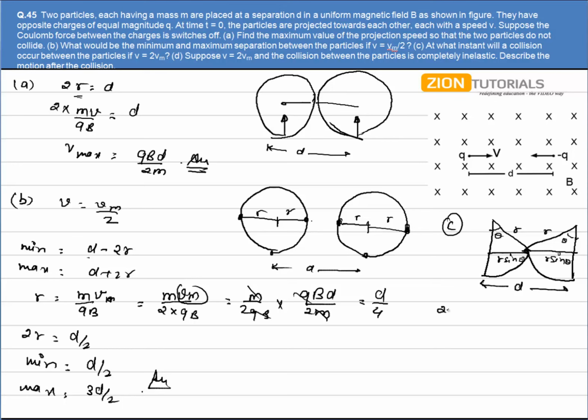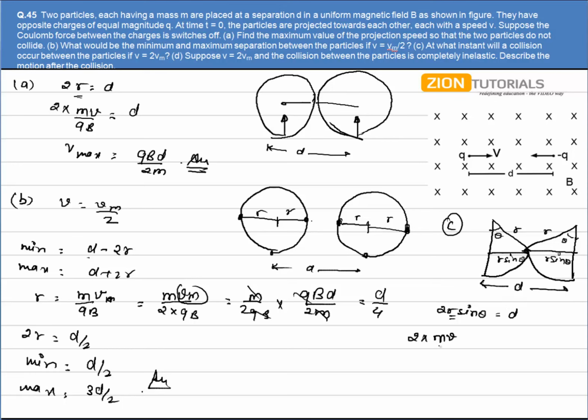So this distance can be written as r sine theta, and this will also be r sine theta. So I can write 2r sine theta is equal to d, and r is equal to mv by qB. The velocity is given by 2 times v_m, so it will be 4 m v_m by qB sine theta is equal to d.